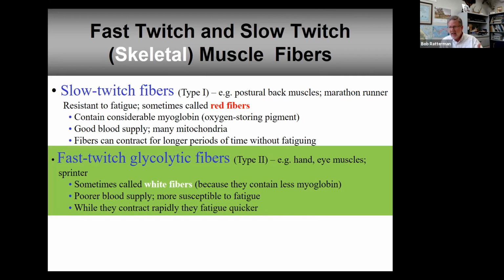Because as you say, a sprinter has a higher percentage of fast twitch fibers versus a marathon runner, who has a higher percentage of slow twitch versus fast. We have both, but it boils down to the relative amount of these fibers in one's body, in your leg muscles, let's say, if you're talking running.